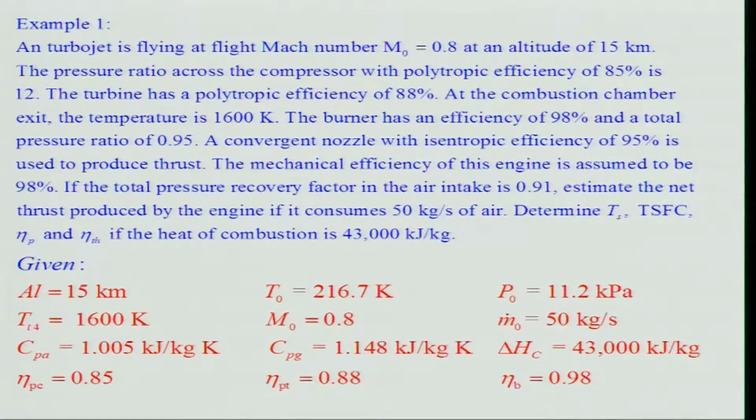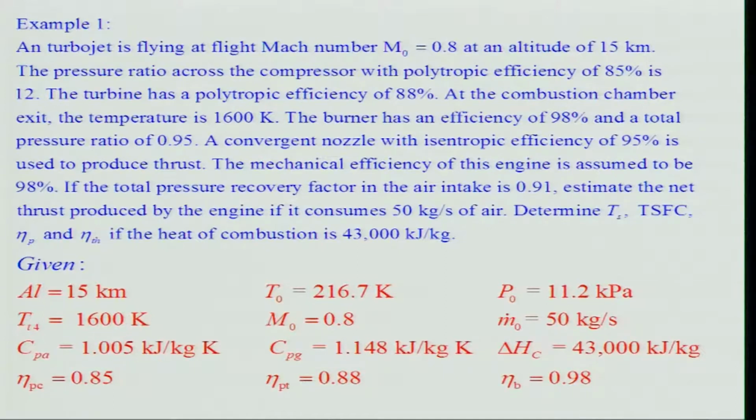Keep in mind that the turbine always has a higher polytropic efficiency than the compressor, and that is clear in this example. At the combustion chamber exit, the temperature is restricted to 1600 Kelvin, and the burner has an efficiency of 98% and a total pressure ratio of 0.95. In the ideal case it is 1, but in this case it is 0.95.